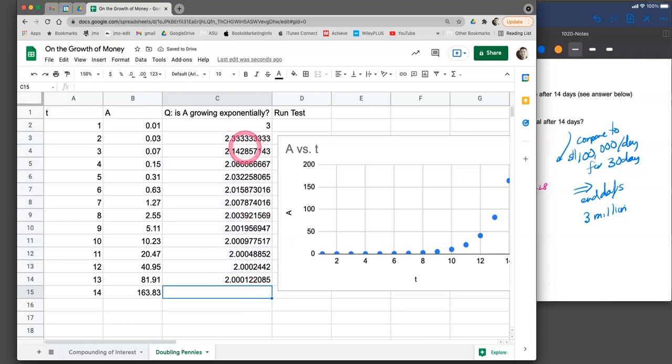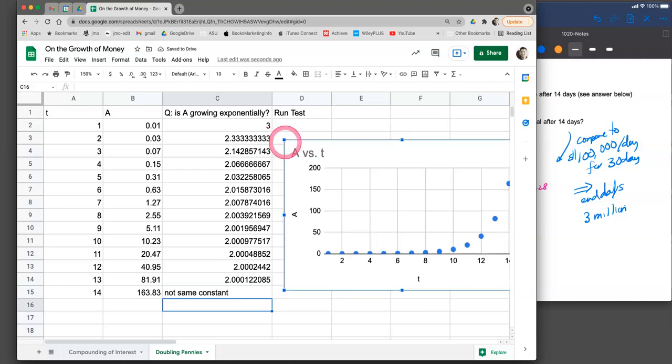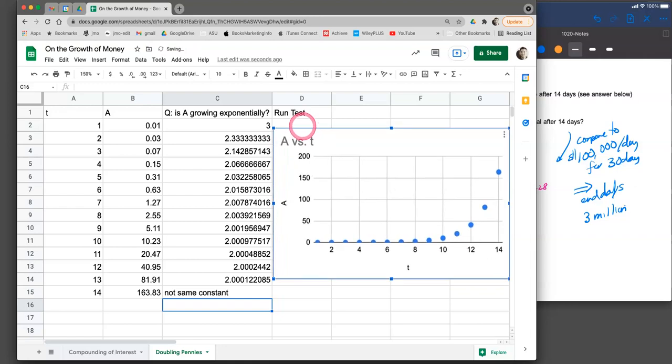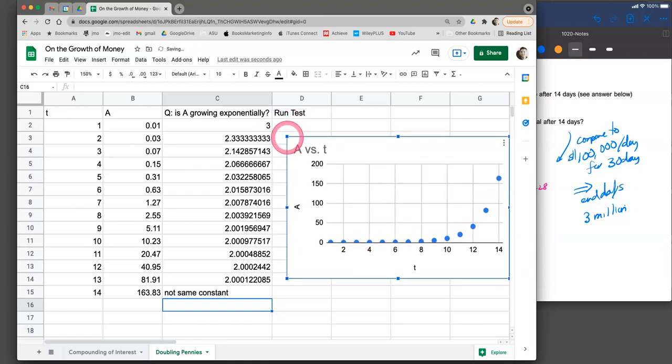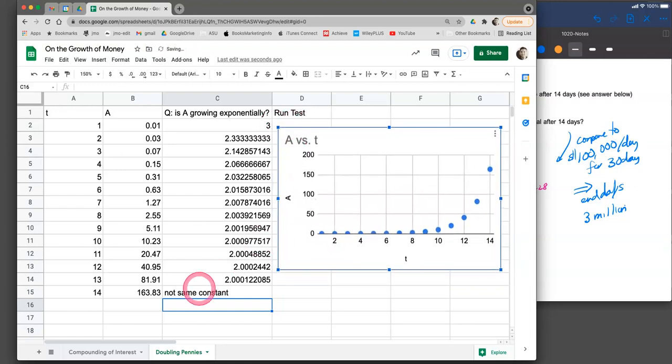Do we see that these values, while they're all in the ballpark of 2, are not the same constant value? The conclusion from what we have just shown here is that this amount of money in the account is not exponentially growing.